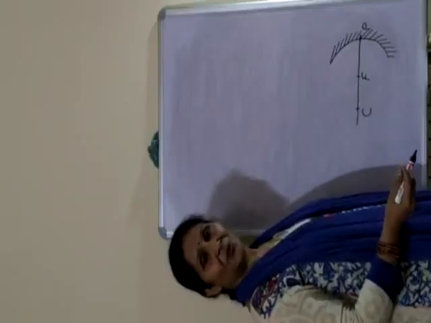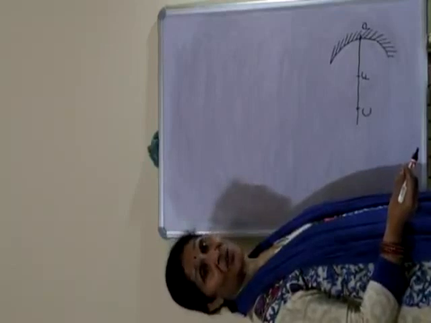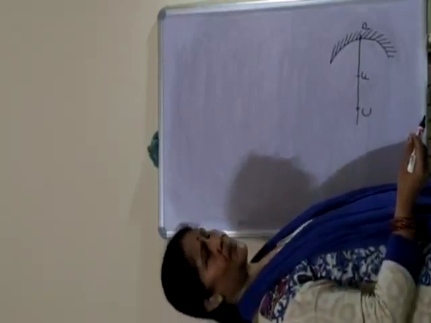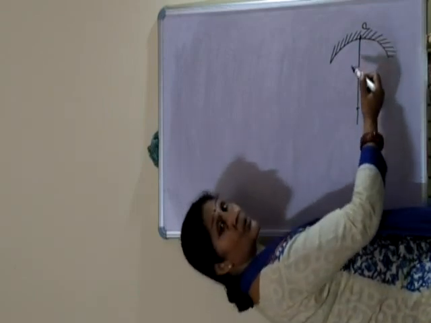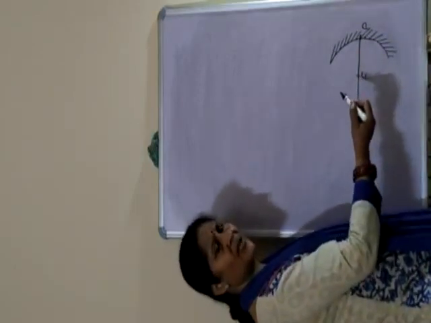Now the second last term is radius of curvature. This is very simple. The distance between the center of curvature and the pole is called radius of curvature, and you have to define it like this only.